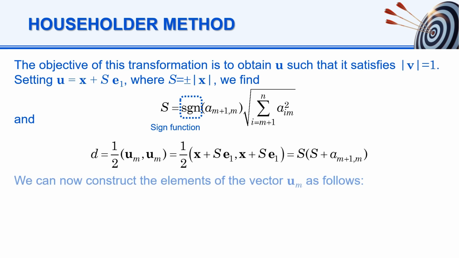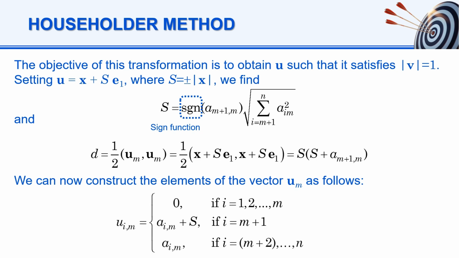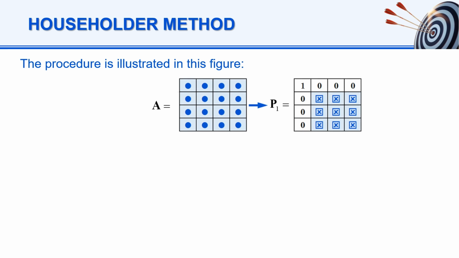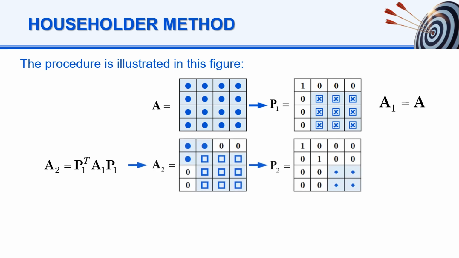We can now construct the elements of the vector u at the mth column as follows. The transformation procedure is illustrated in this figure. The Householder matrix P1 is constructed, and the matrix A1 is set to matrix A. The Householder matrix is operated on A1 to give the transformed matrix A2.